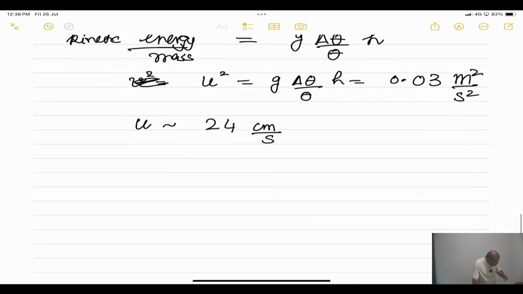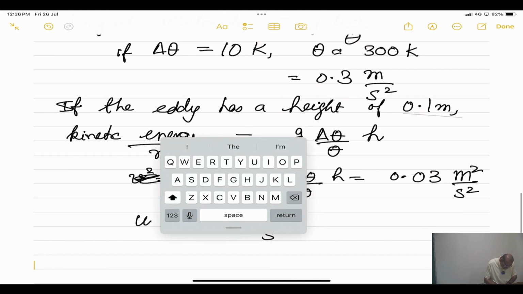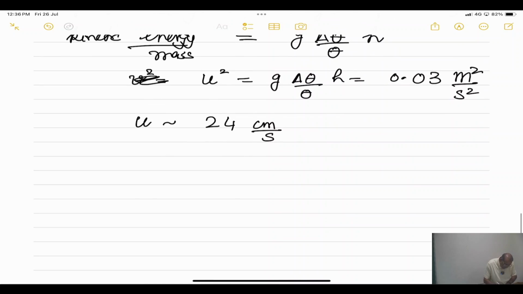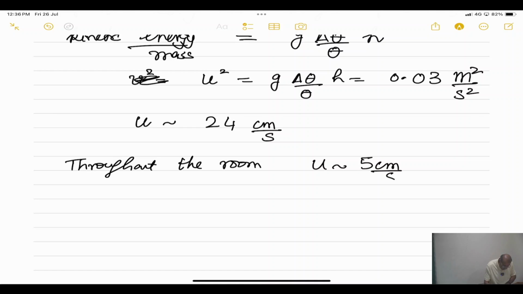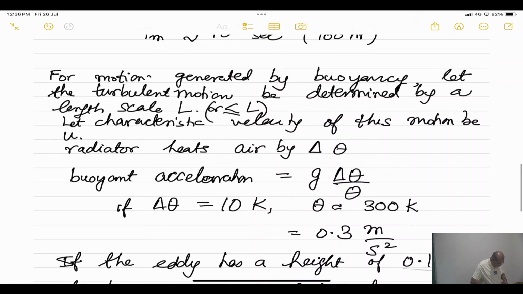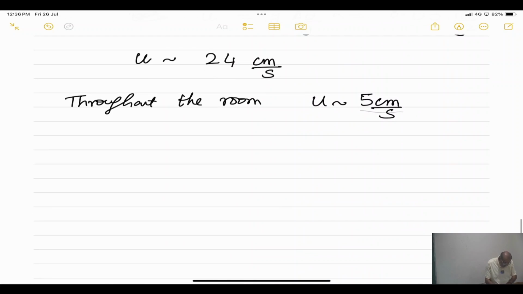As an estimate, with a hand waving argument, throughout the room we take u as something like 5 centimeters per second. Now the length scale is 5 meters. So what will be the turbulent time scale?